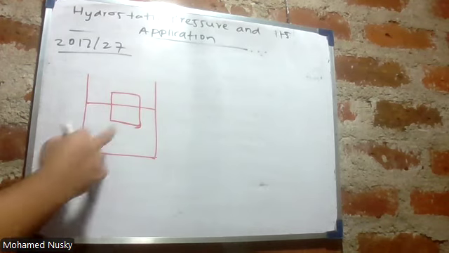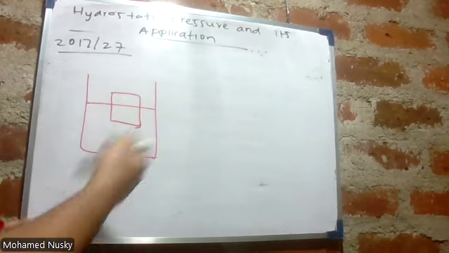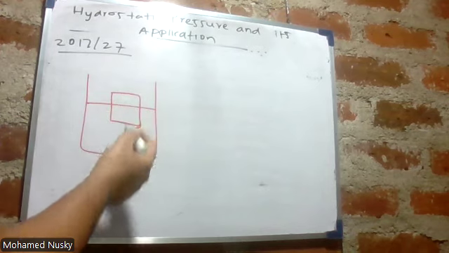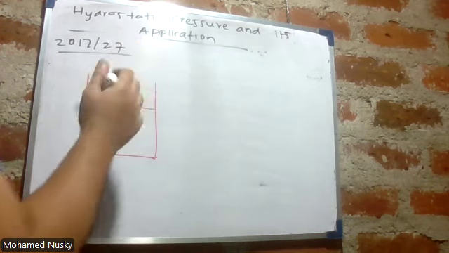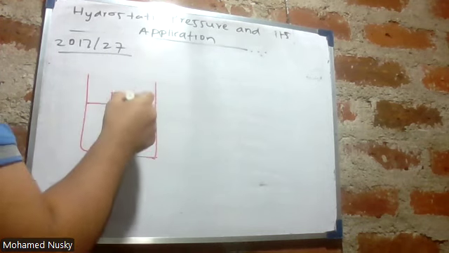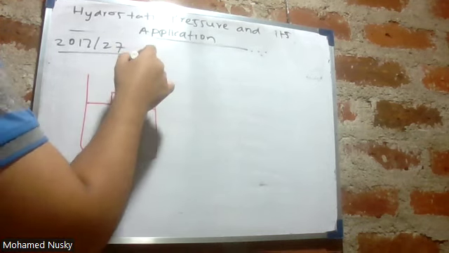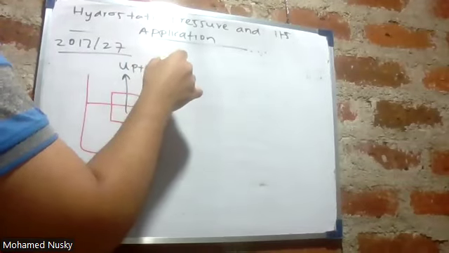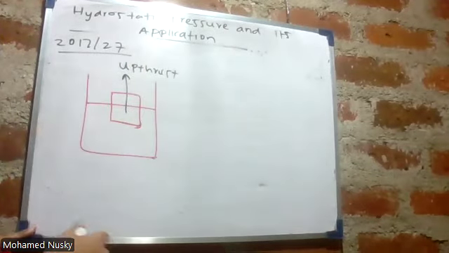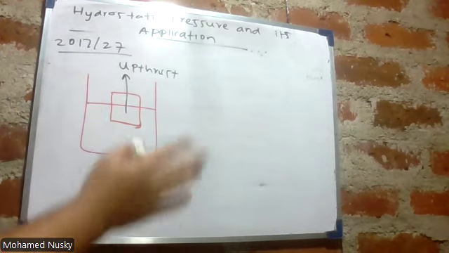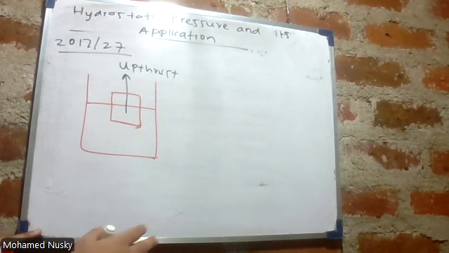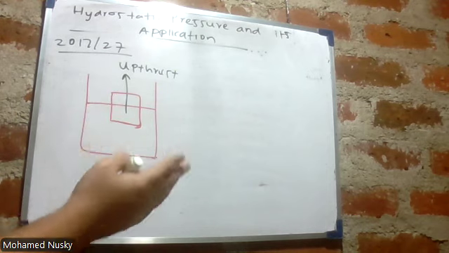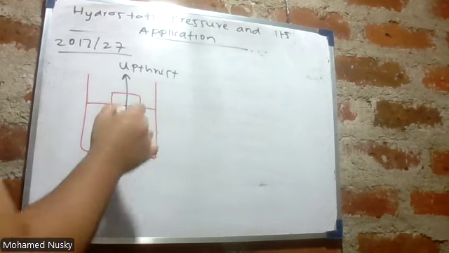Now when an object is in the water, a new force will act on this object. What is that new force? That new force is upthrust. And also, there is always a weight for an object, which always acts in the downward direction.